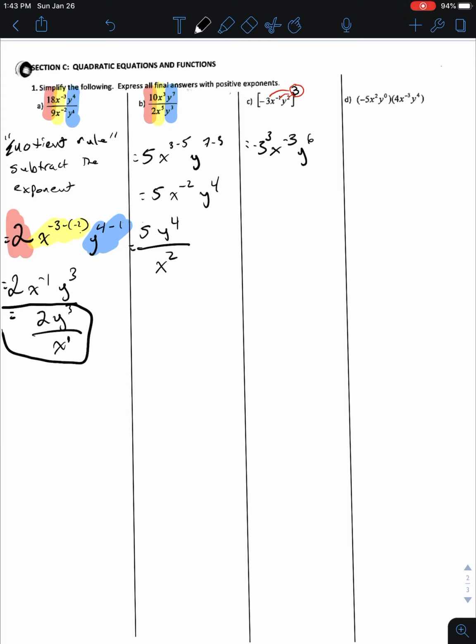And then y squared to the power of 3 is going to be y^6. And then negative 3 to the power of 3. Just be careful with this one.